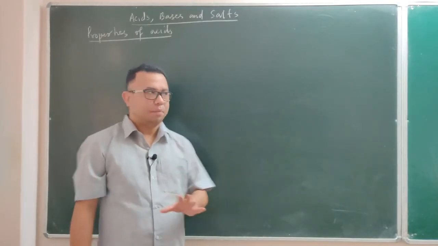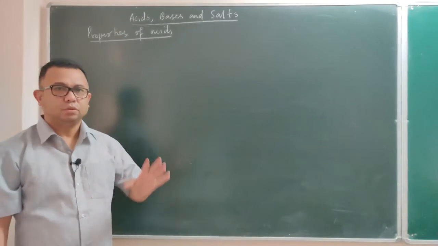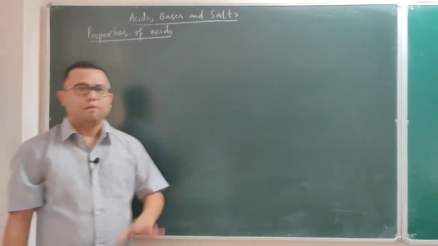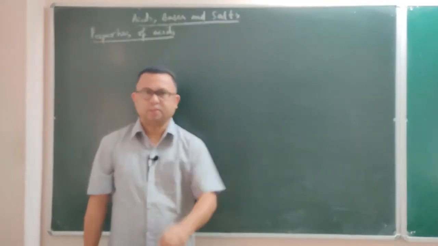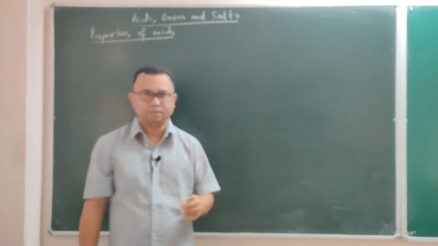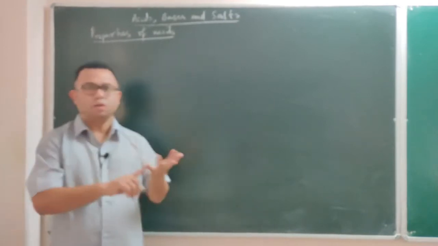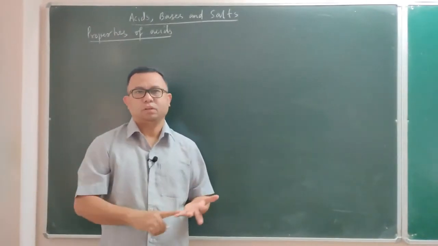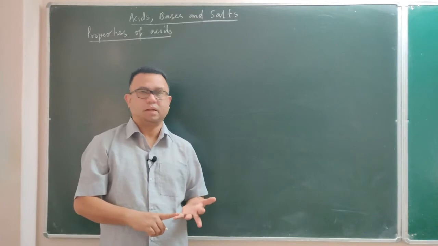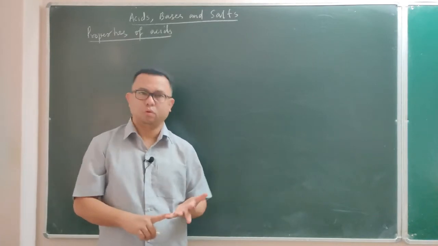But the 5 properties which I am going to discuss now are applicable at 5 different places in your syllabus. Where are the 5 places? The same property you are going to learn in this chapter, acid, base and salt. You are going to learn the same thing in a chapter which will come in future, hydrogen chloride or hydrochloric acid.